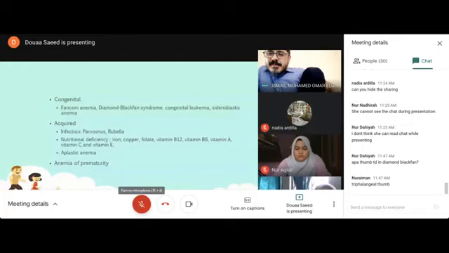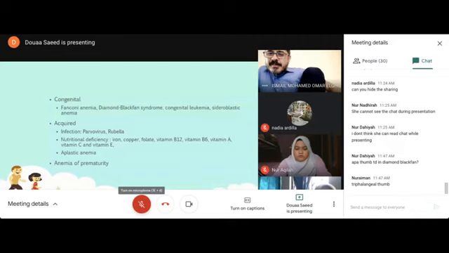Thrombocytopenia absent radius. Very good. Thrombocytopenia absent radius, TAR. They call it TAR syndrome. That's one. Very good. The other one starts with V. VA. They may have tracheoesophageal fistula.